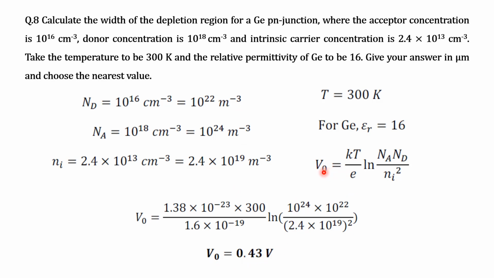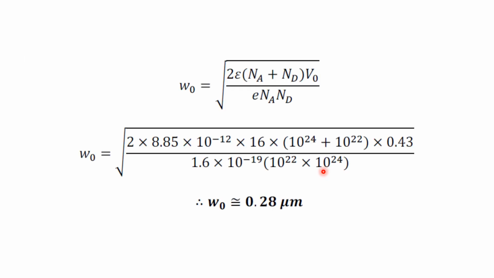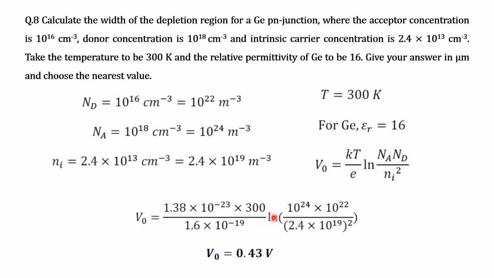So once you have got the value of V0, we can calculate the width of the depletion region as root of 2 times epsilon into Na plus Nd times V0 by E Na Nd. So 2 times epsilon is given: 10 power 12 into 16, into 10 power 24 plus 10 power 22, into 0.43. All these values are given to us. Hence, we get the value of W0 as 0.28 micrometers. So it's rather direct once you get the value V0.